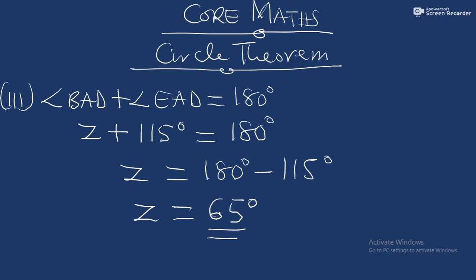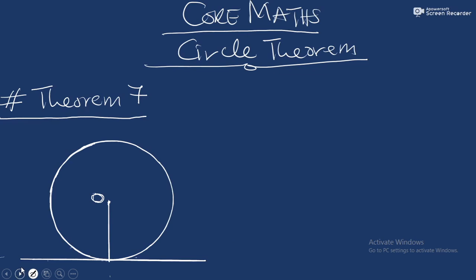Okay, good. Now let's look at the main lesson for today. We are now on Theorem 7. Now, the diagram I have here is a circle with this line and this line.